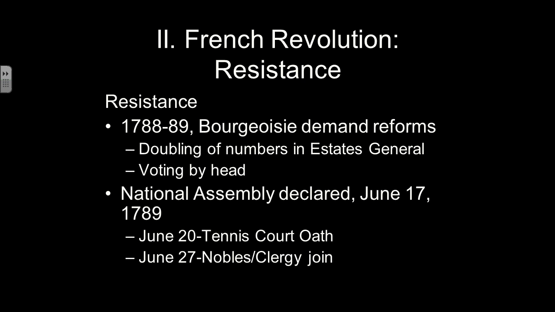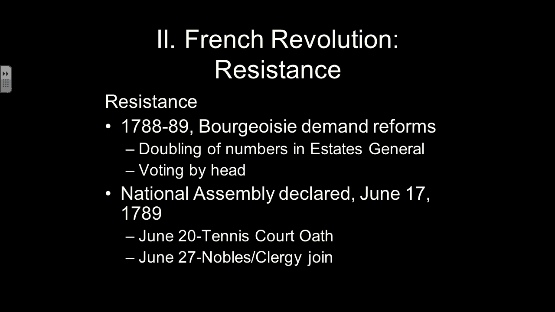They decide on June 17th, 1789, it doesn't matter what the king says, it doesn't matter what the nobility says. We represent 24 million Frenchmen. We represent over 90% of the people of France. We don't need your permission to start acting as the representatives of France. We will declare ourselves the National Assembly.